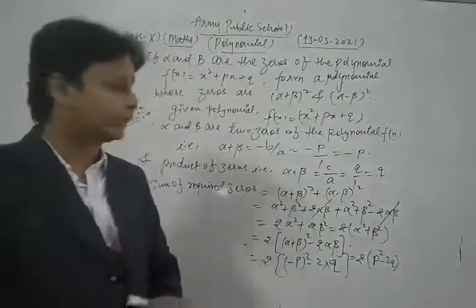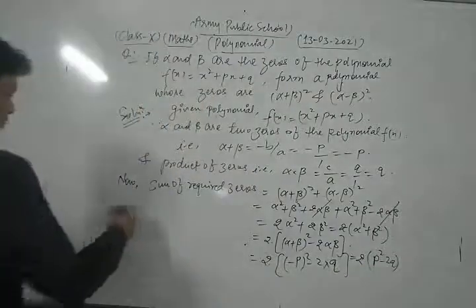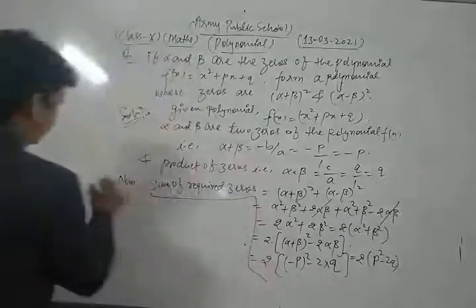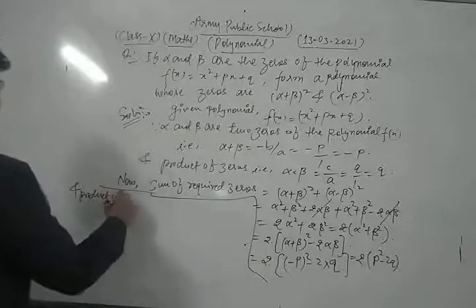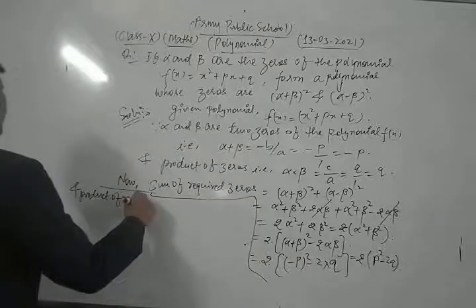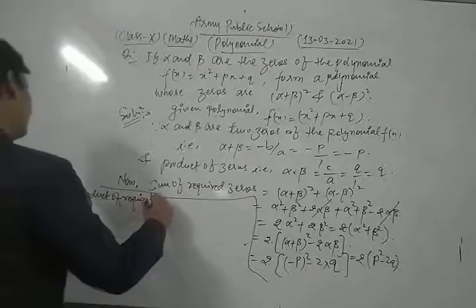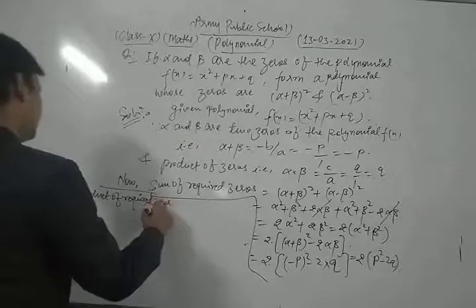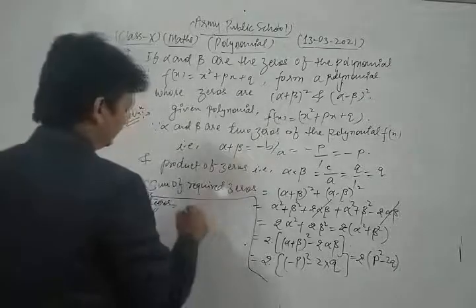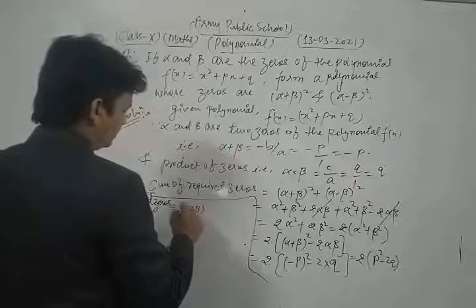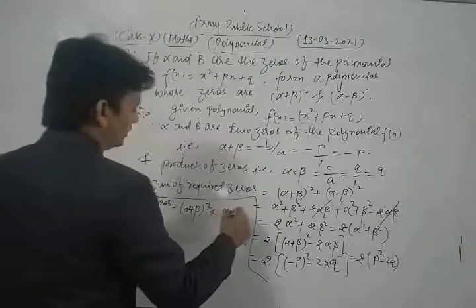Now we also find the product of the required zeros. The product of required zeros is alpha plus beta whole square into alpha minus beta whole square.